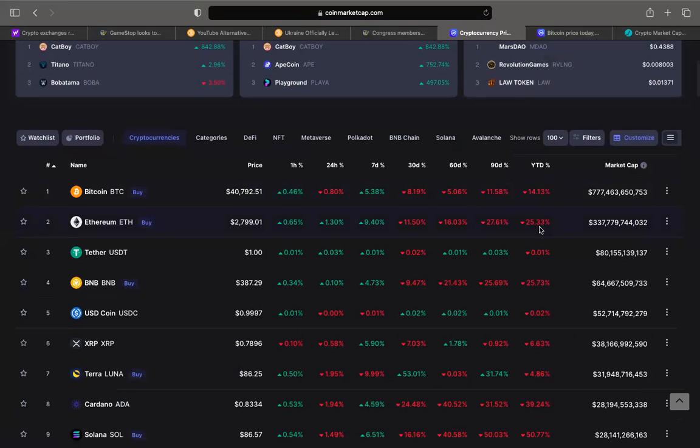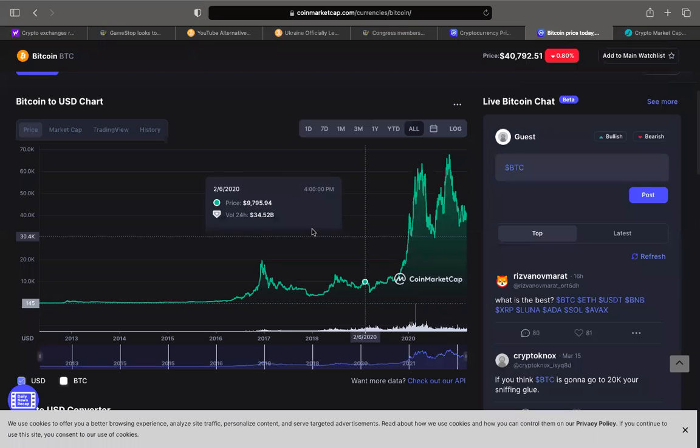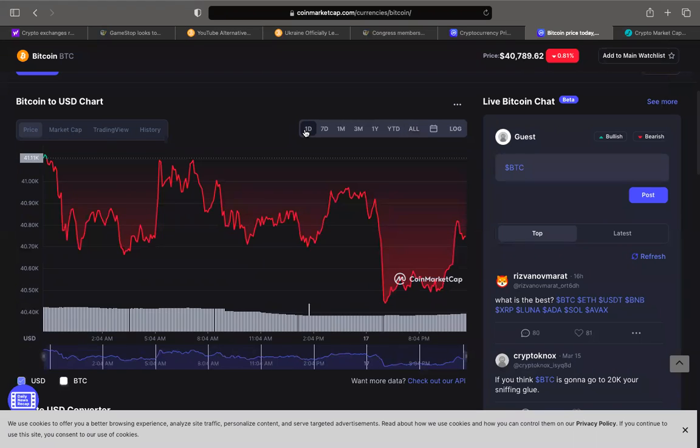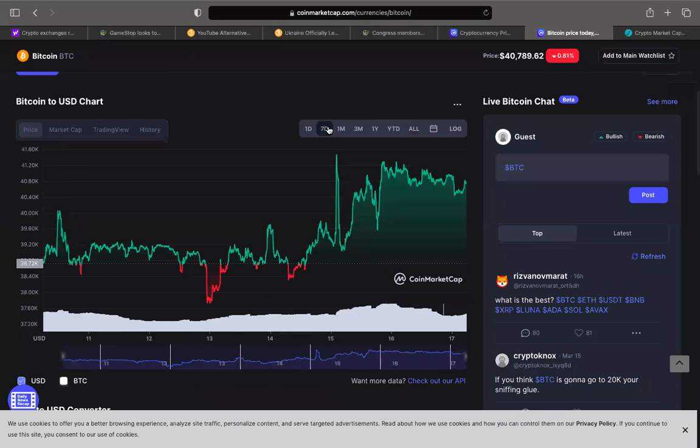So I always like to go back to the price charts here. Well, the percentage changes, and then I compare that to the charts. You can mostly focus on Bitcoin to get kind of the overall trend.